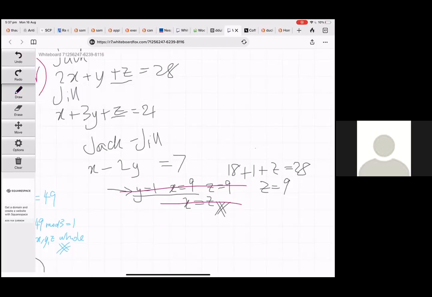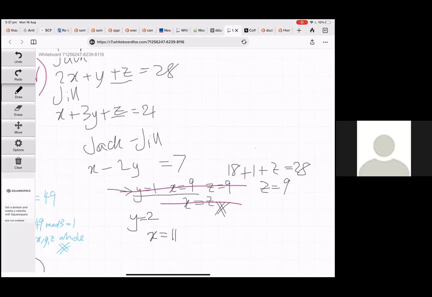So I guess let's try y equals 2, right? Well, y equals 2 would give us x is equal to 11.